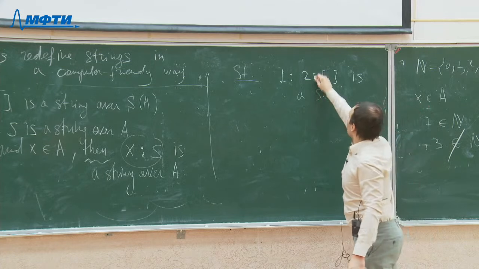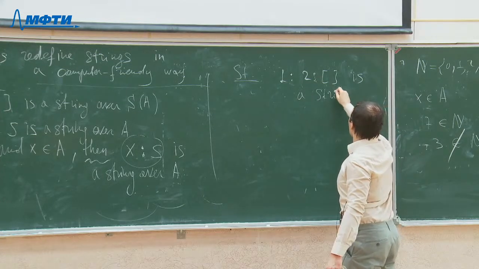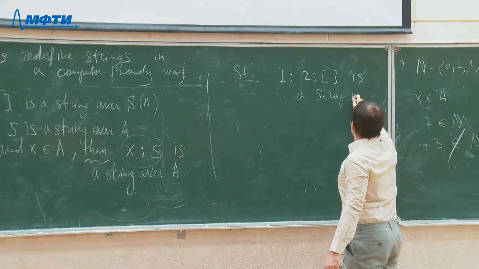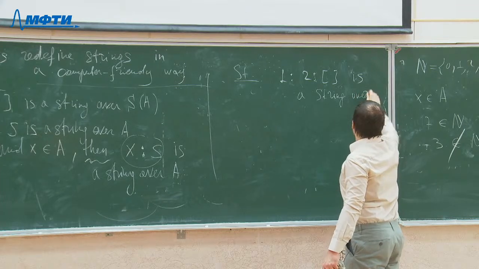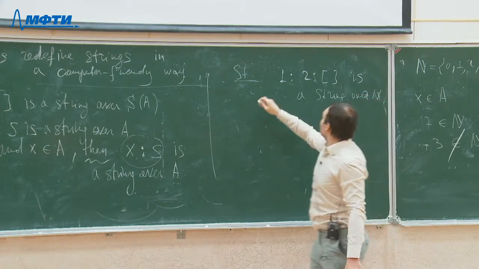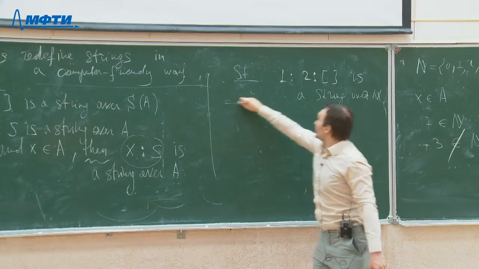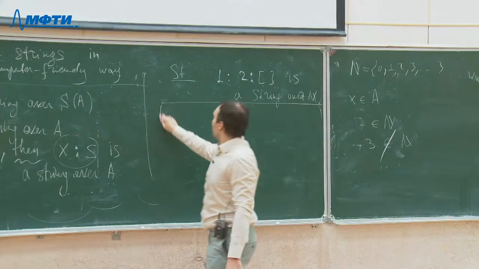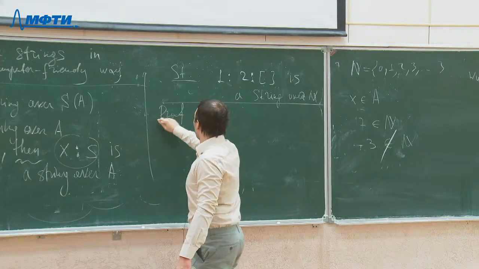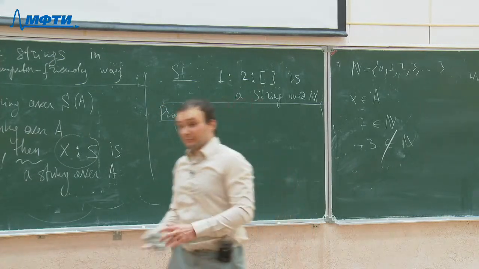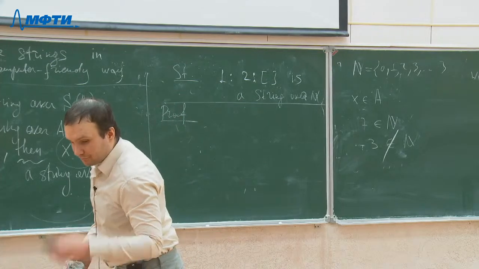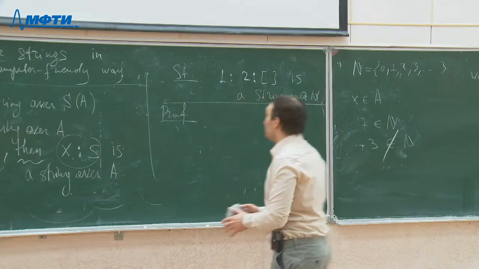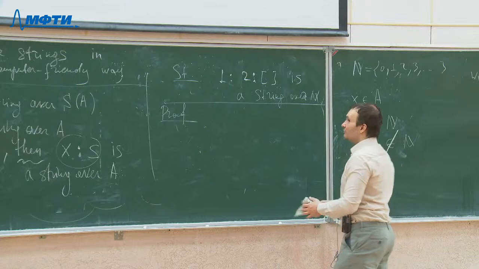This is a string over the alphabet of naturals. Why is it so? Let's prove it. Now we shall have a so-called construction of this object.